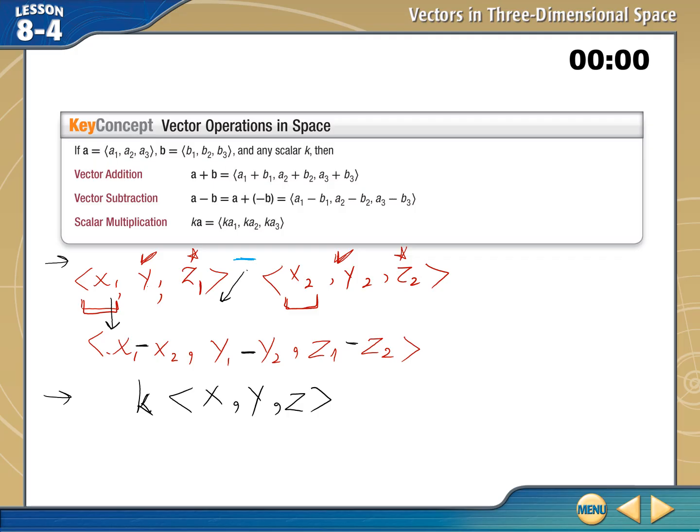This scalar quantity will be multiplied with each component of the vector. So k times x gives us kx, k times y gives us ky, and k times z gives us kz.